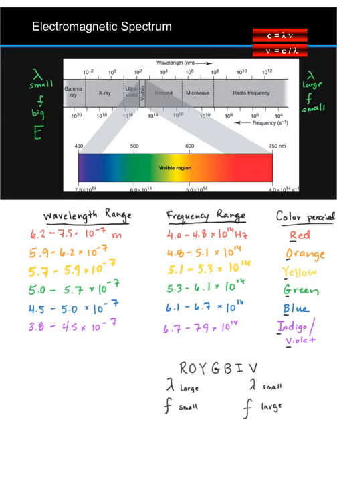So on the gamma ray extreme of this electromagnetic spectrum, energy is big when frequency is big. And at the opposite extreme, when frequency is small, energy is likewise small. Radio waves have low energy, gamma rays have high energy.